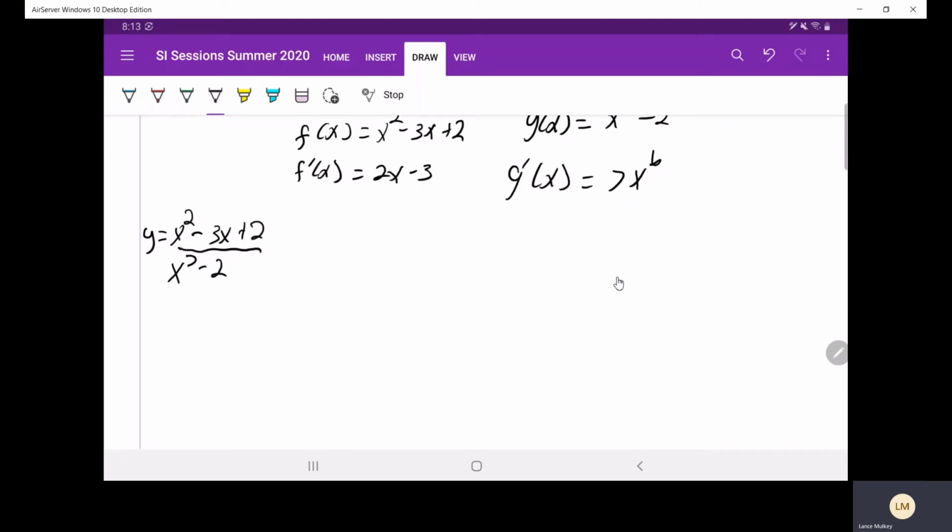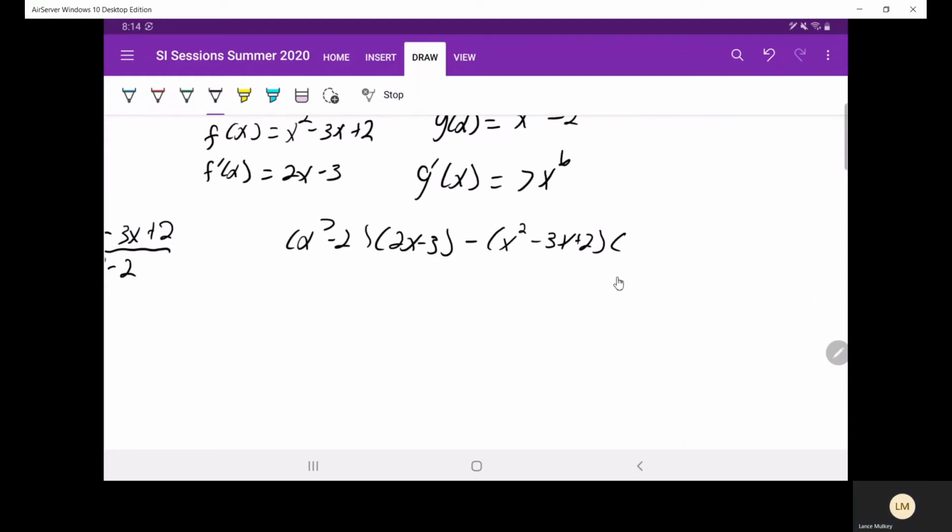So we're going to use our quotient rule: g of x on top, x to the 7th minus 2, times the derivative of f of x, which is 2x minus 3, minus f of x, which is x squared minus 3x plus 2, times g prime of x, 7x to the 6th, all over x to the 7th minus 2 squared.